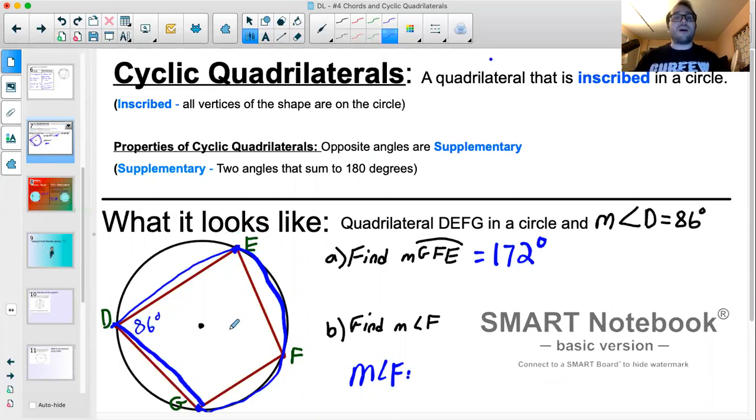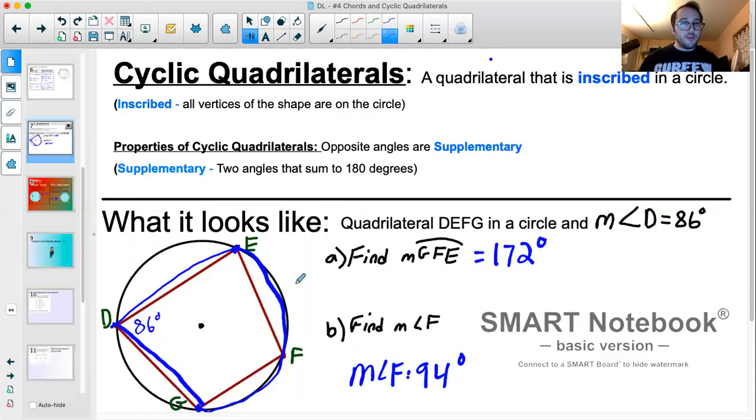D and F are opposites of each other. And we know that opposite angles in cyclic quadrilaterals add up to 180 degrees. So what plus 86 is 180? I can just do 180 minus 86. You get 94. So the measure of angle F must be 94 degrees.